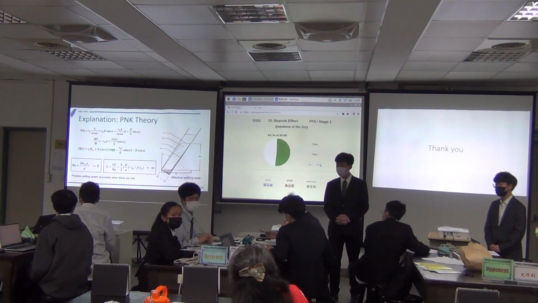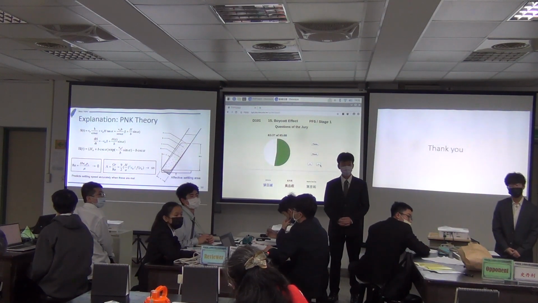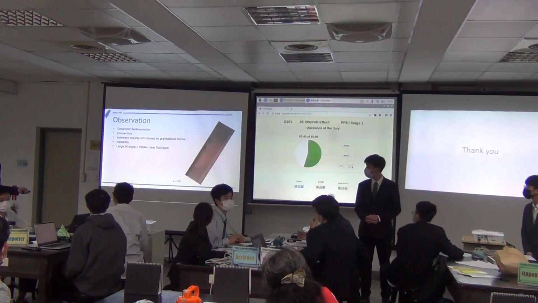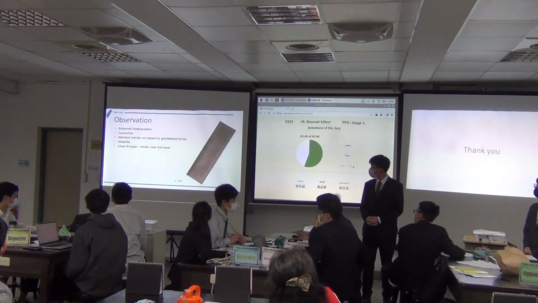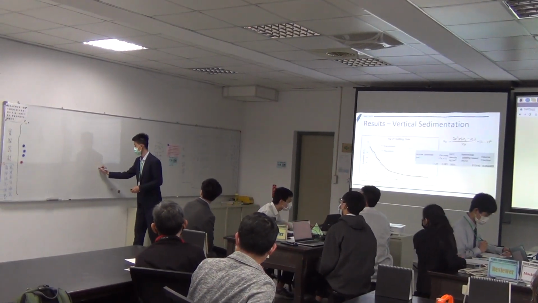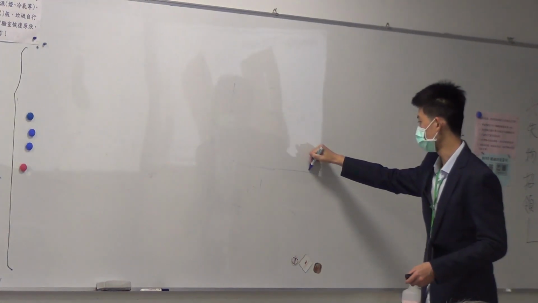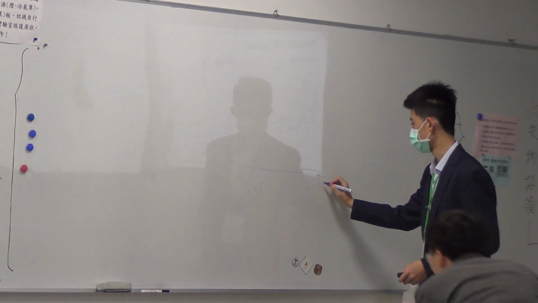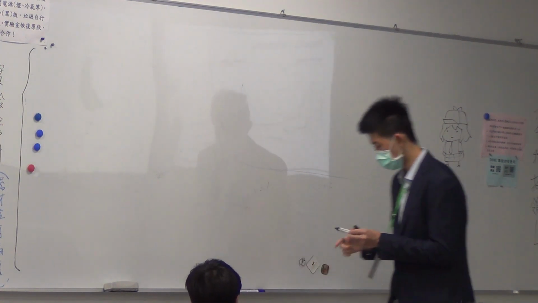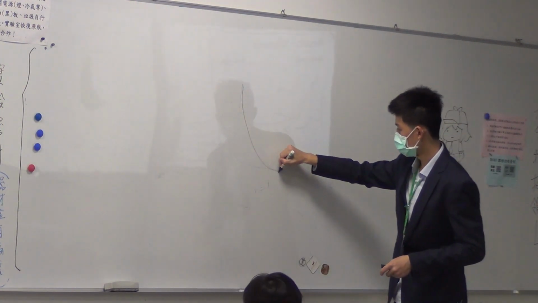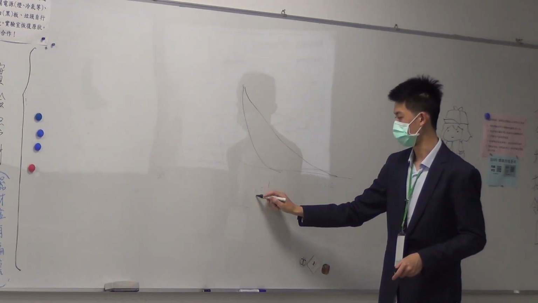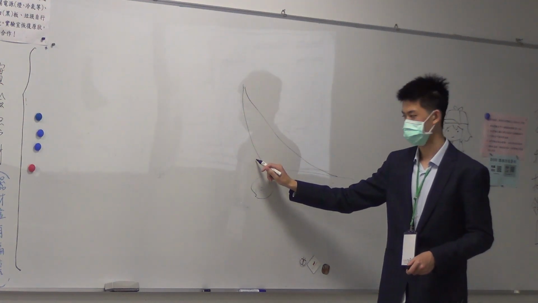Thank you. Okay, I have one question for those three. Why did you do the scaling? Explain on the whiteboard. Let's say this is the luminosity. This line is the luminosity for a particle velocity of 1, and this line is for a particle velocity of 0.5. The reason I did the scaling is that it's pretty obvious that the settling rate for a particle with a faster velocity will also be faster.